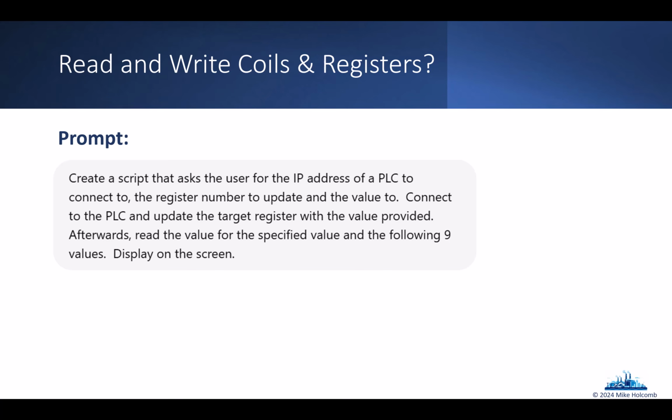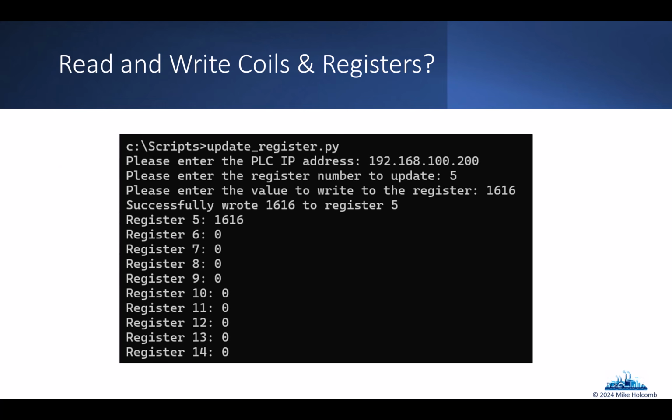But in this case, we're just going to say, hey, write a tool that's going to allow me to connect to a PLC over Modbus, and it's going to allow me to read and make updates. So in this case, you can see I'm telling it to connect to this PLC at 192.168.100.200, starting at register number 5.